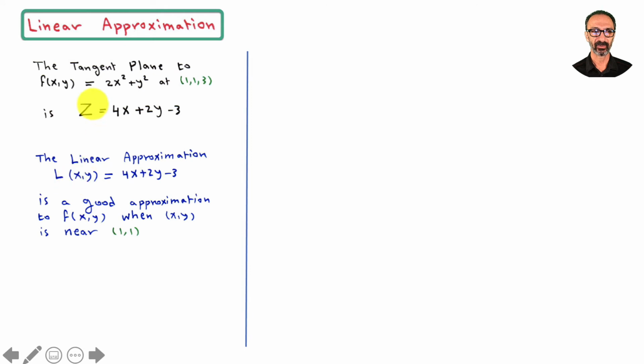So now they want to distinguish between f and z and L, and there are different names, but you have to be careful. It doesn't matter if it's called z or f or L, you just have to be careful. This is the surface. It's second degree. This is linear. This is the tangent.